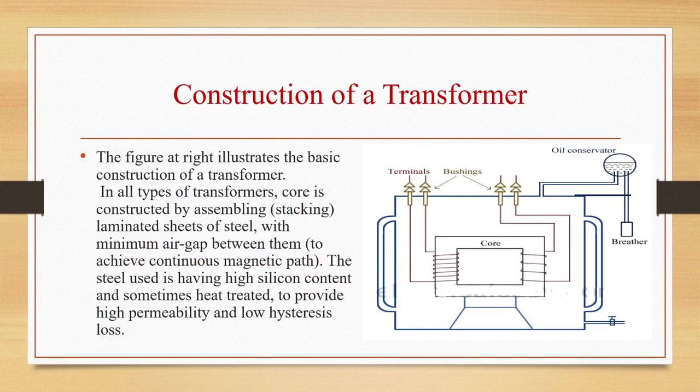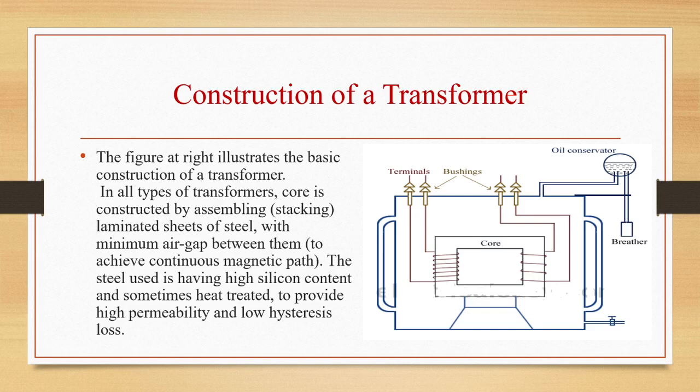In all types of transformers, the core is constructed by assembling laminated sheets of steel with minimum air gap between them, and the steel used has high silicon content and is sometimes heat treated to provide high permeability and low hysteresis losses. So here we can see the oil conservator, breather, bushings, terminals.